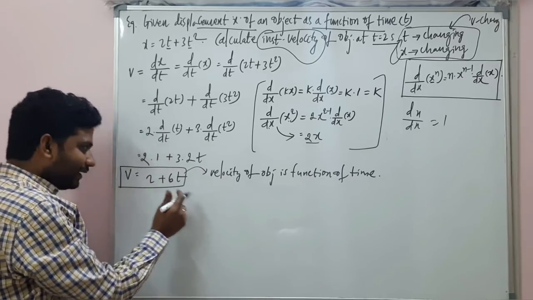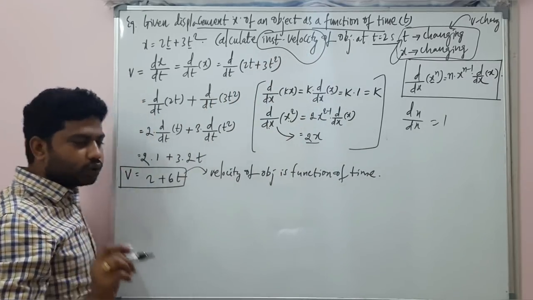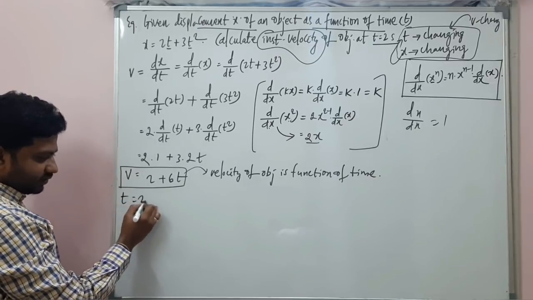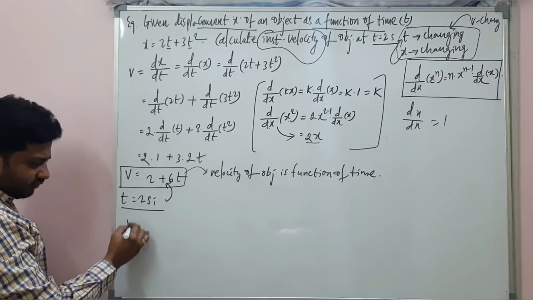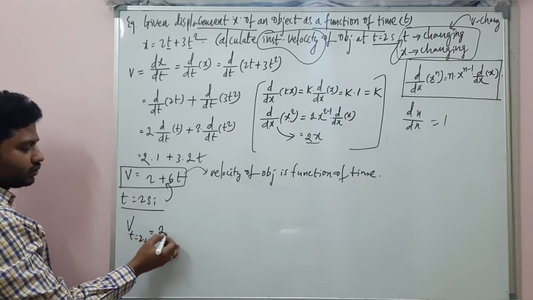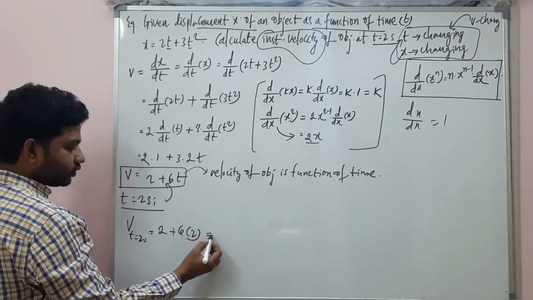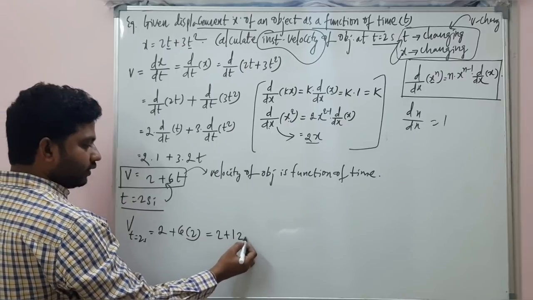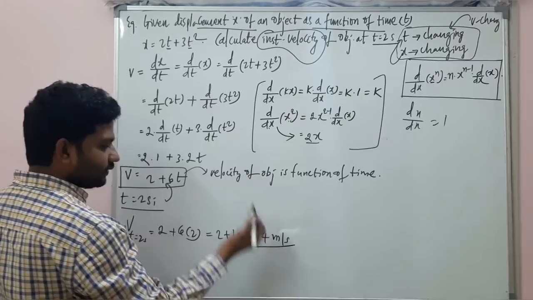In this case, we need the instantaneous velocity at t equal to 2 seconds. Then substitute here. So velocity at t equal to 2 seconds is 2 plus 6 into 2, right? Which is 2 plus 12, which is 14 meters per second.